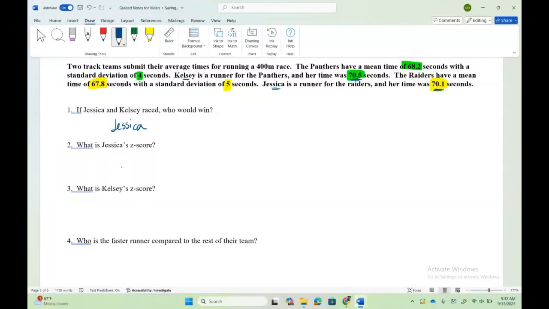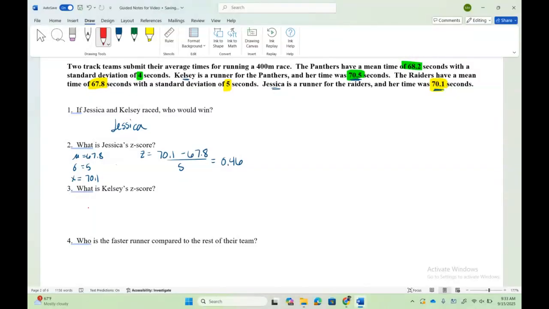Okay. All right, what's Jessica's z-score? So for Jessica, we have a mean of 67.8, standard deviation of 5, and her time was 70.1. All right, so we have 70.1 minus 67.8 over 5. Z-score is 0.46.